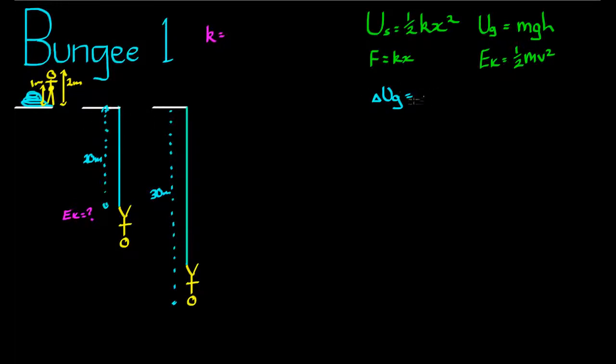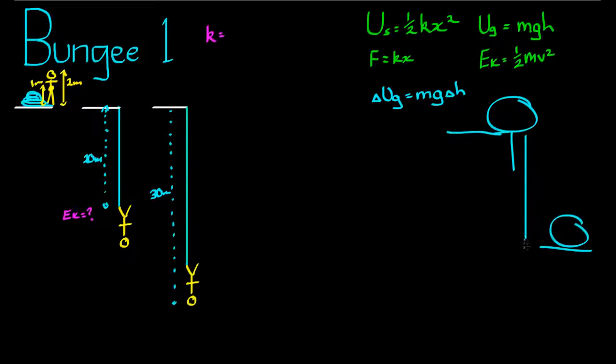A rock being pushed off a cliff will behave similarly to this person. But when we look at change in gravitational potential energy of an object, we say it's the mass of that object, say there's a rock, multiplied by the gravitational constant times delta H. Now if the rock is pushed off a cliff like that and it hits the ground down here, we can basically say that was the change in height there. But what we're really saying is that the change in height of the center of gravity was equal to that distance there.